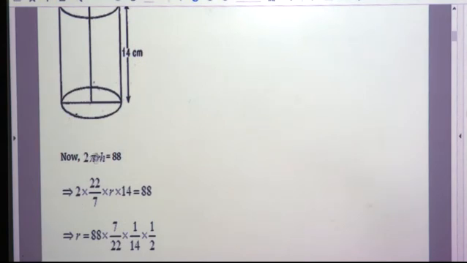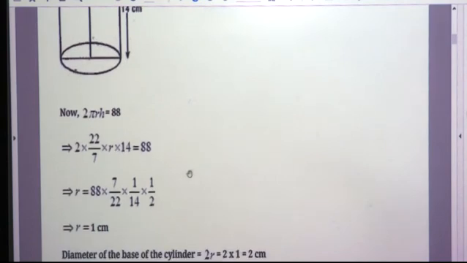So, 2 into pi value, it has been mentioned to use pi as 22 upon 7 unless and until it is stated something else. If it is stated 3.14, then only you use it, else by default you take 22 upon 7 for this exercise. So, 2 into 22 upon 7 into r, h value is 14, is equal to 88. We want to calculate the value of r.